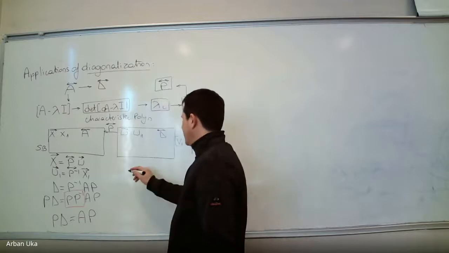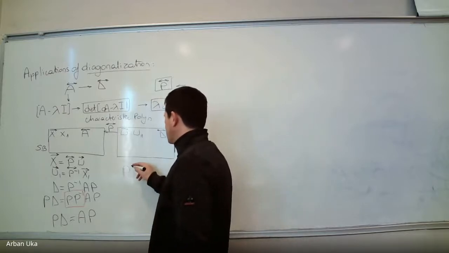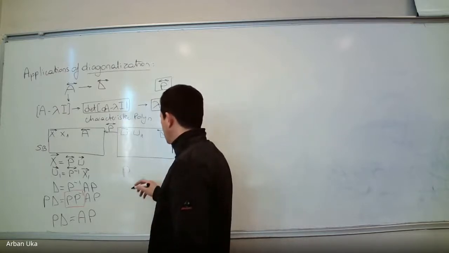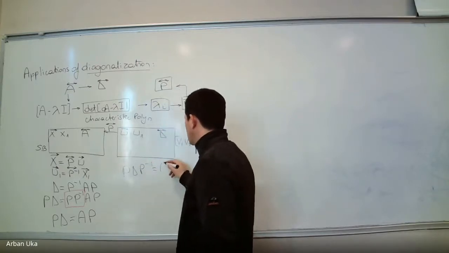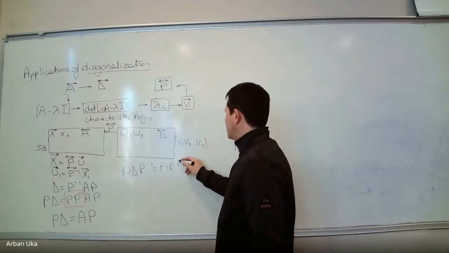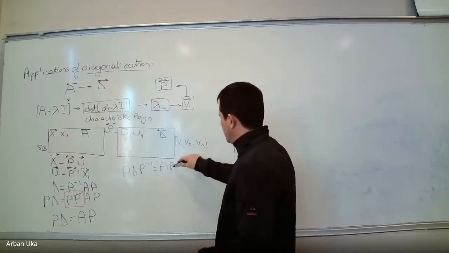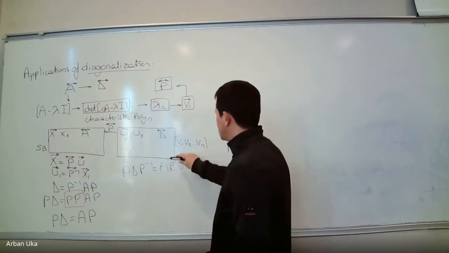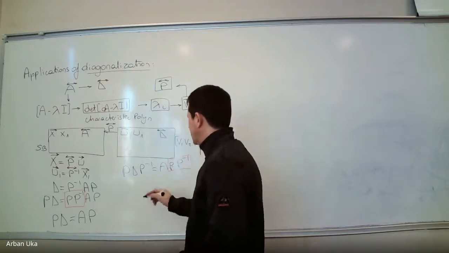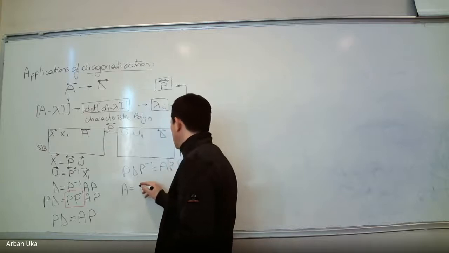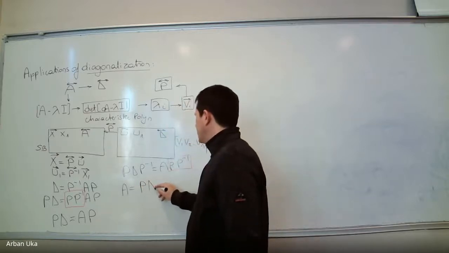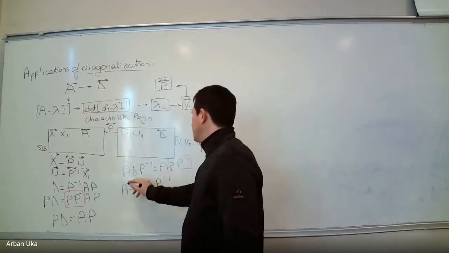Okay, then we can multiply from both sides, so here we have PD P inverse equal to AP times P inverse, and then P times P inverse is equal to the identity matrix again, and then we can say that A is equal to P D P inverse.